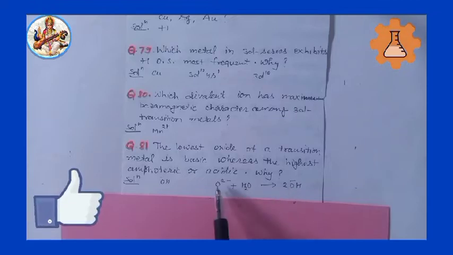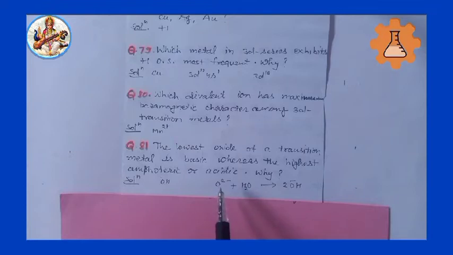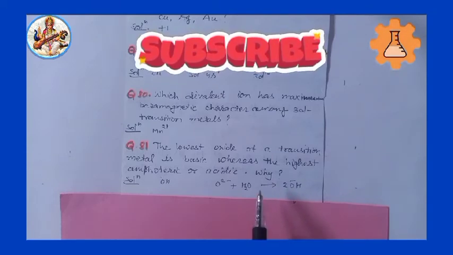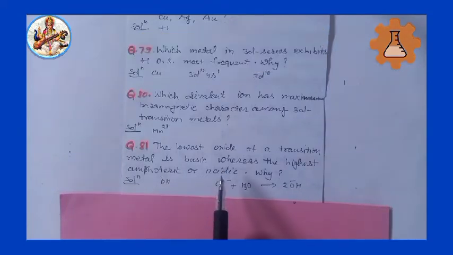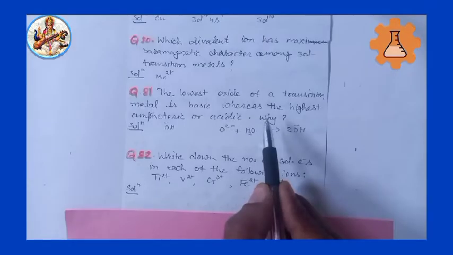Its tendency to give oxide ion decreases and formation of hydroxide ion becomes difficult. Therefore, basic character decreases and the oxide becomes more and more acidic in the highest oxidation state.